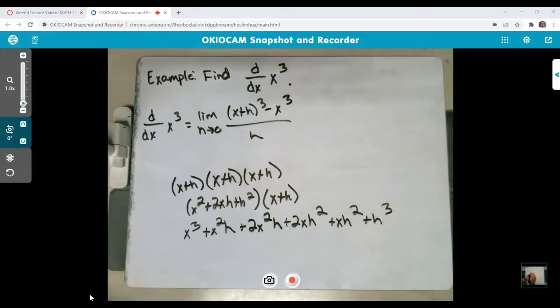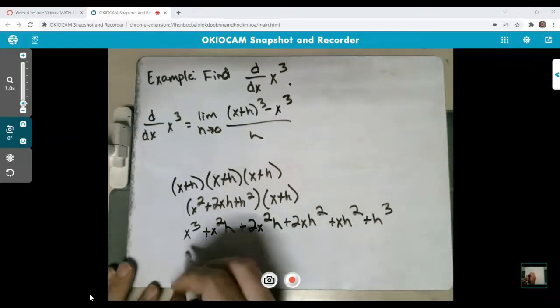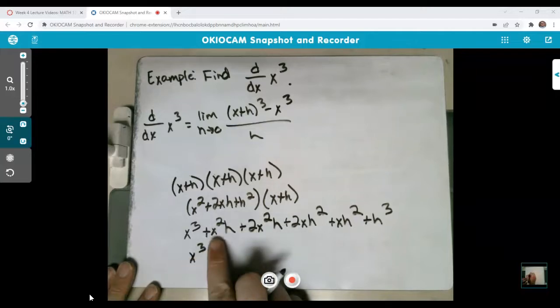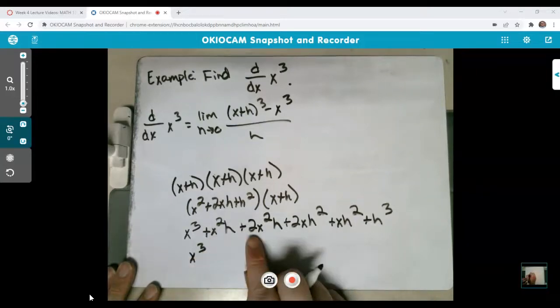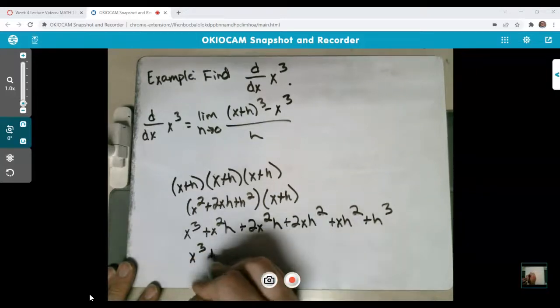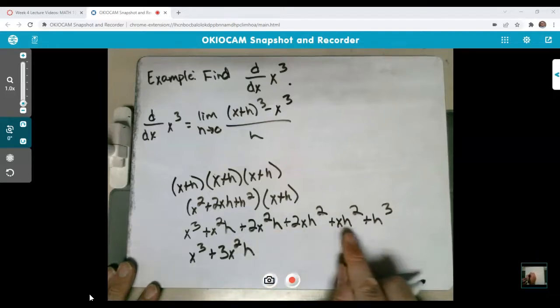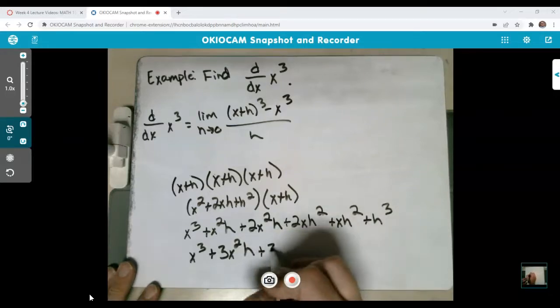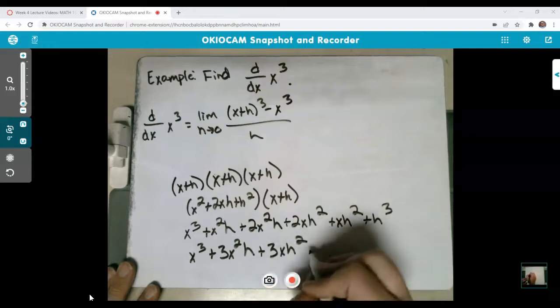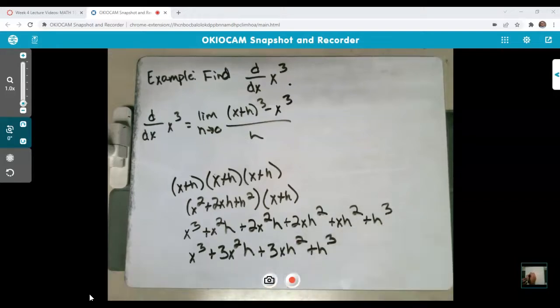Combine like terms there. x cubed, there's only one of those. x squared h plus 2x squared h gives us 3x squared h. 2xh squared plus xh squared gives us 3xh squared plus h to the third.